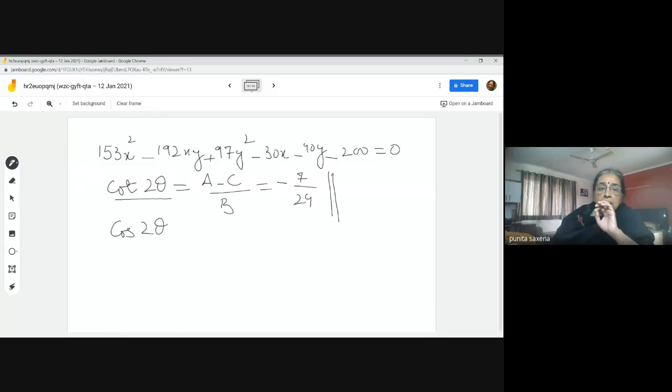Using cot 2 theta, find cos 2 theta, and using cos 2 theta, find cos theta and sin theta.